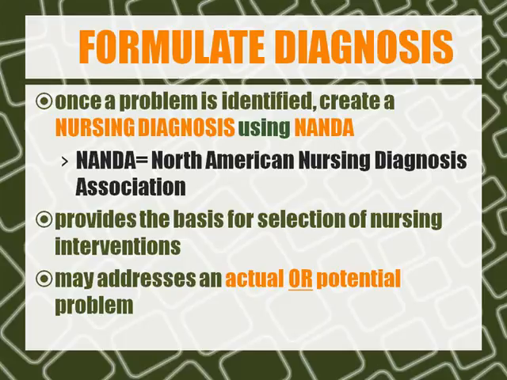And please keep in mind, they may address an actual problem that the patient is experiencing, so an actual something that's going on, or a potential problem that may occur, something the patient's at risk for. So we deal with actual problems, but we're also looking at worst case scenario, what could potentially go wrong.